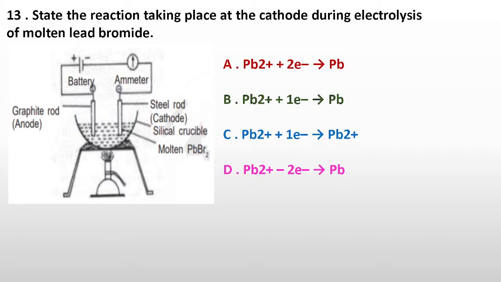So state the reaction taking place at the cathode during the electrolysis of the molten lead bromide. So give me the answer for question number 13.